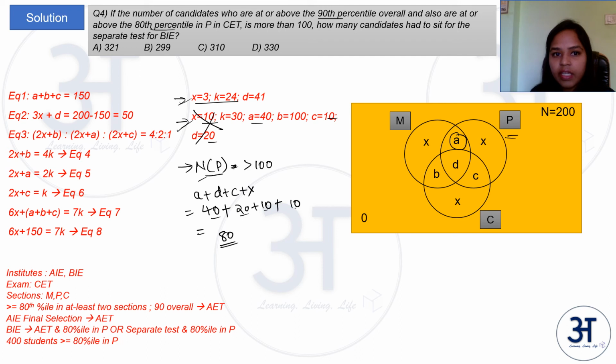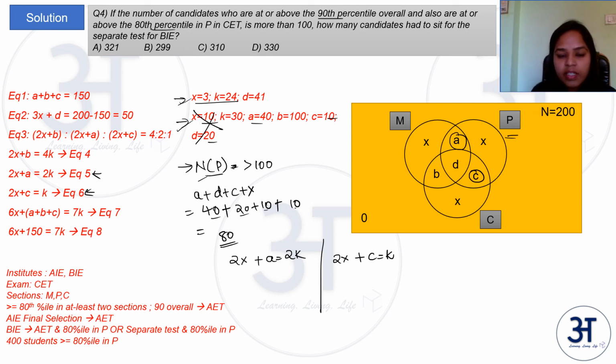We have X and D, so we need to find A and C. So to find A, I will be using equation number 5. 2x plus a is equal to 2k, and to find c, I will be using equation number 6. 2x plus c is equal to k.